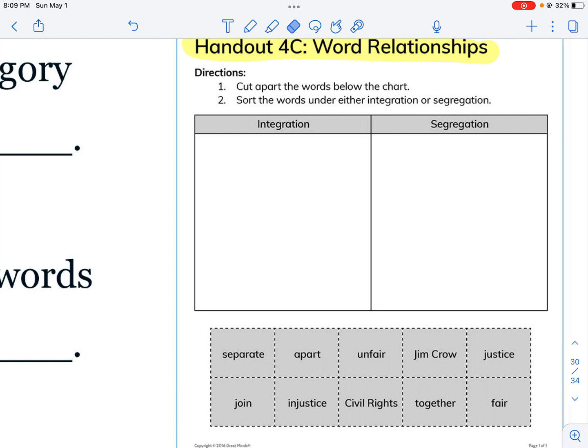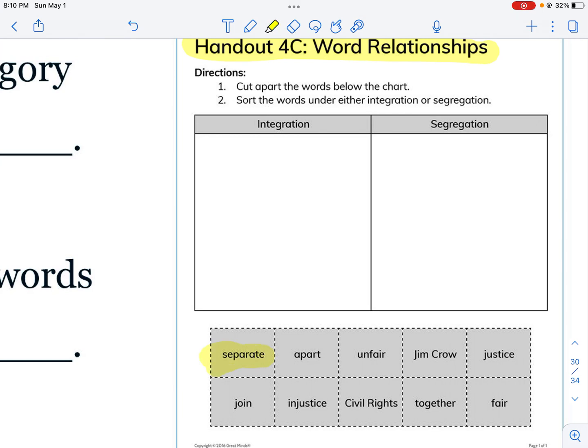So I will read through each word, and we're going to decide if the word should go with integration or if it should go with segregation. Again, integration is bringing people together who were separated. Segregation is separating people based on the color of their skin. So they are opposites.